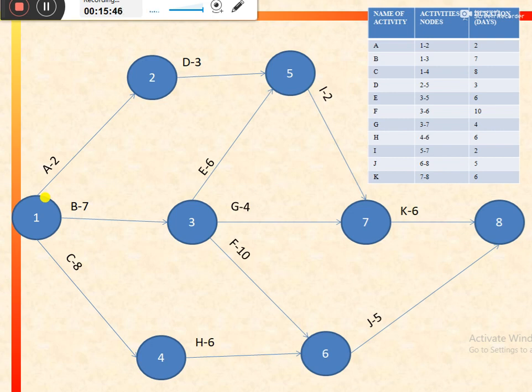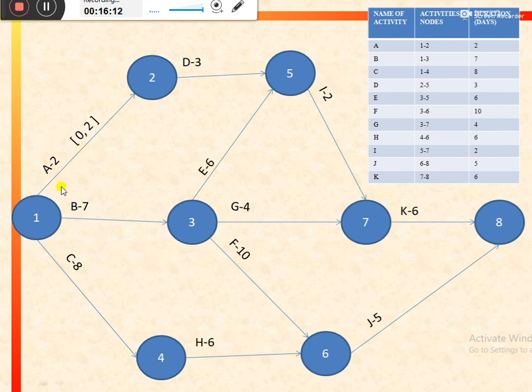So the starting point for all the activities that emanate from the first node would be equal to 0. So for activity A, the earliest start would be equal to 0. And in that case, what would be the earliest finish? The formula is earliest start plus the duration of the activity.